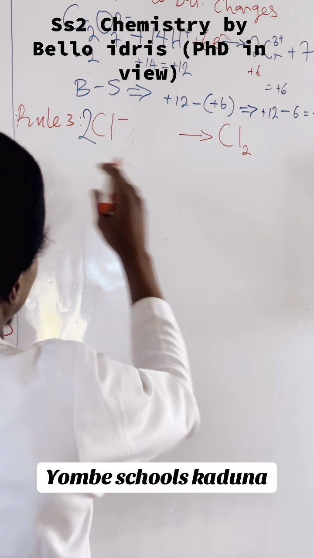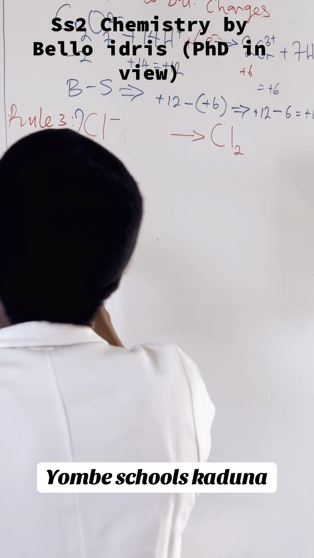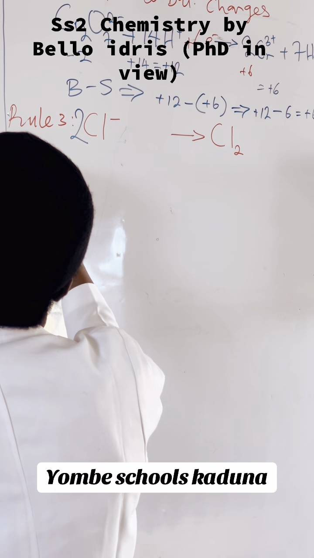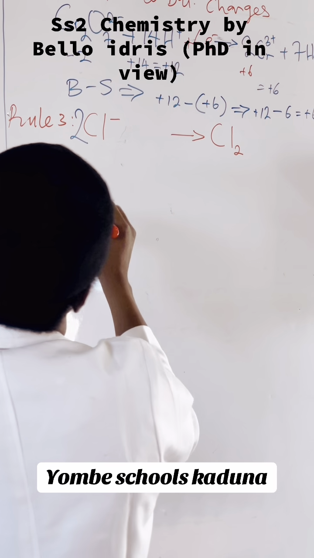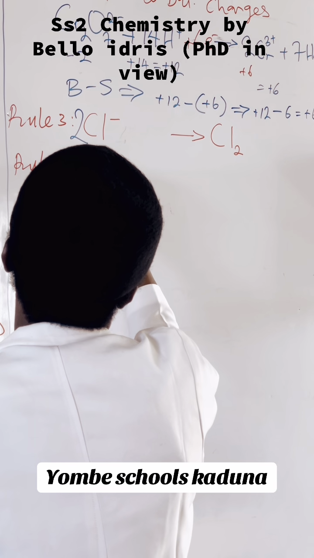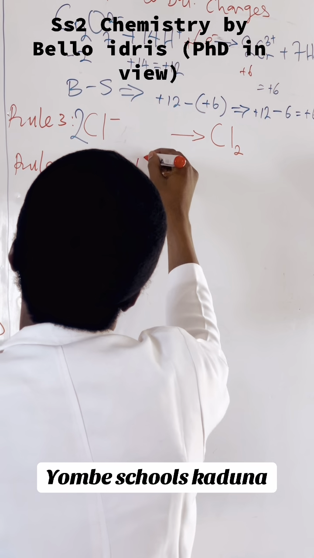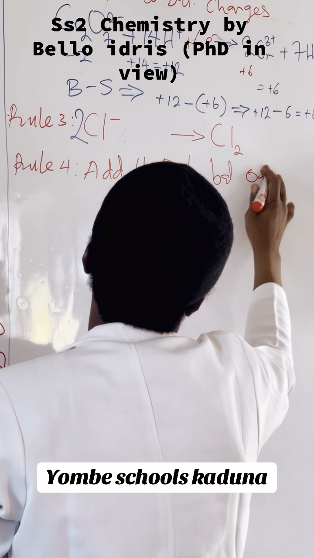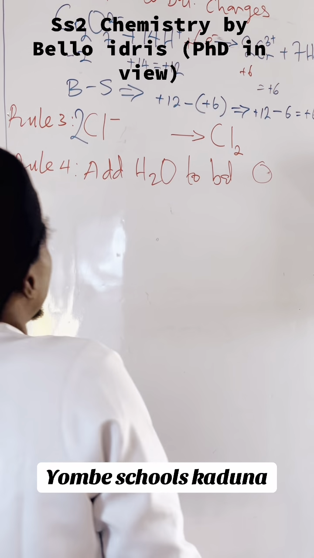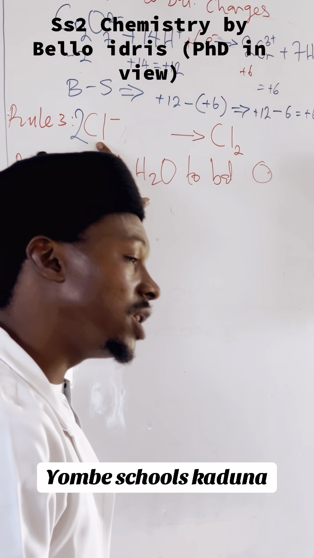Now we move to rule number 4. I don't have to be repeating the statement of the rule. Rule number 4: add water to balance oxygen. Do we have oxygen here?